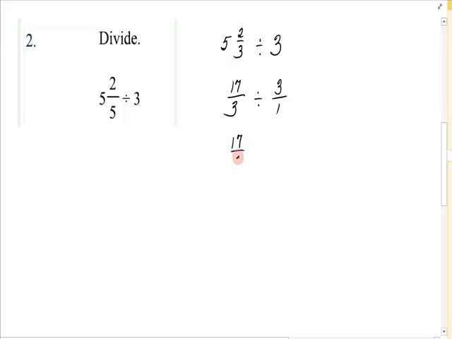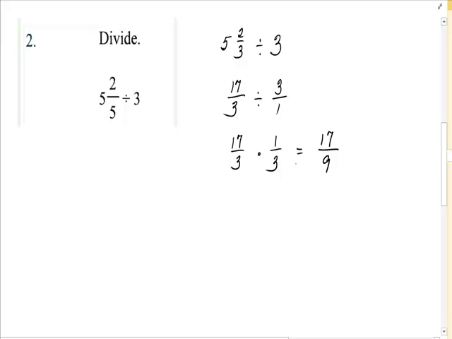Keep, change, flip. There's no reducing. Multiply the tops for 17, multiply the bottoms for 9. Whoops.